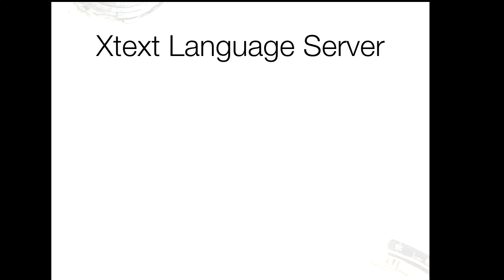Yeah, so I want to talk more about features of the Xtext language server, not from the perspective of the LS API, but how it solves problems which I mentioned before. So the Xtext language server is a wrapper around the incremental builder. It takes care of updating affected resources, computing them. You don't need to do it on the client side anymore.